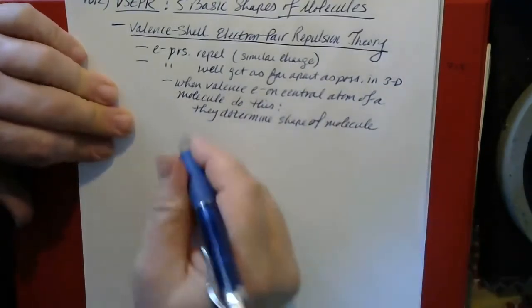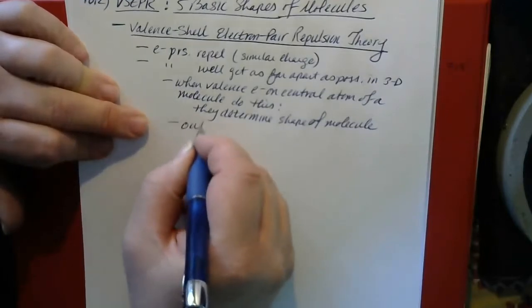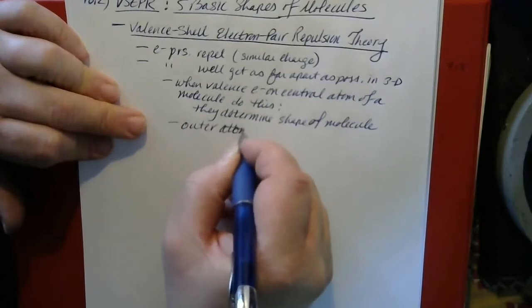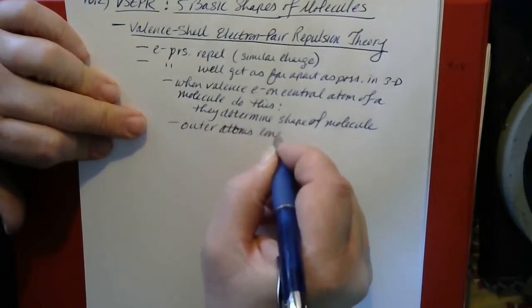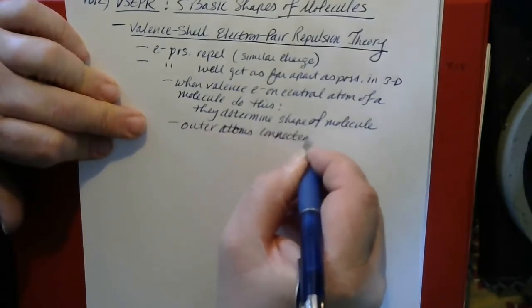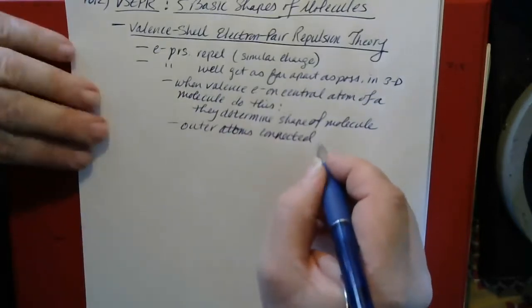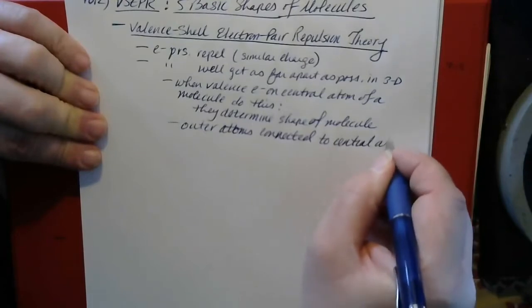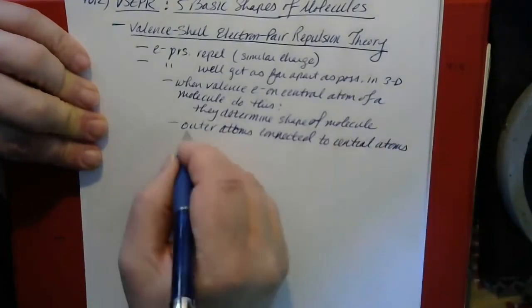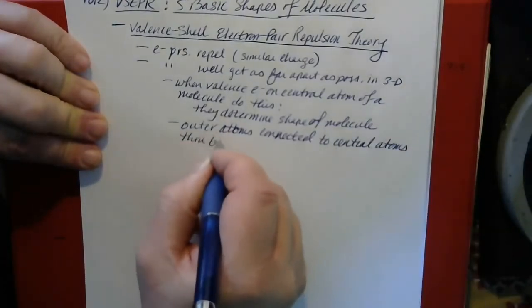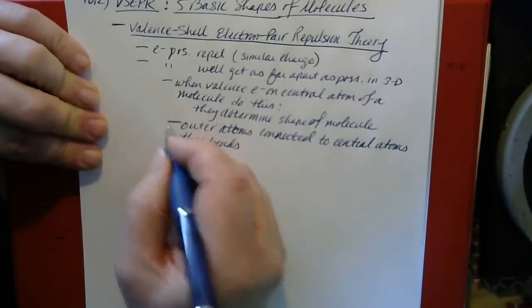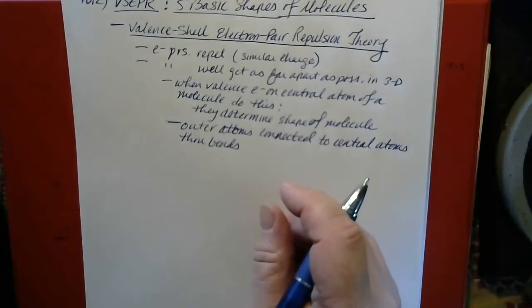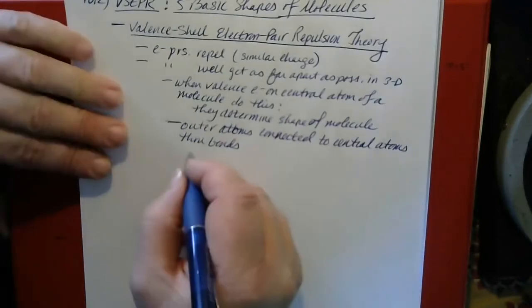Because the outer atoms are connected to the central atom through bonds, the outer atoms can only occur where bonds are able to form.